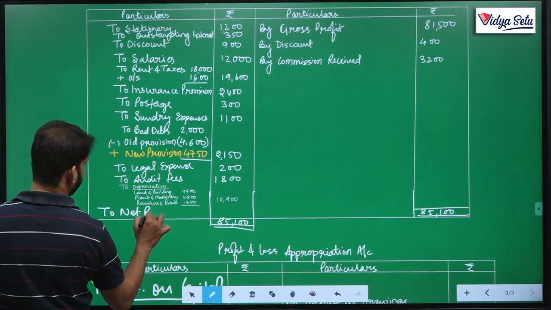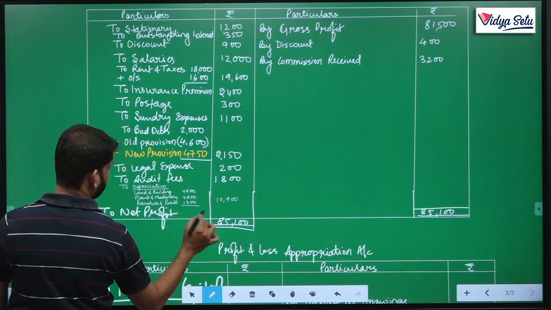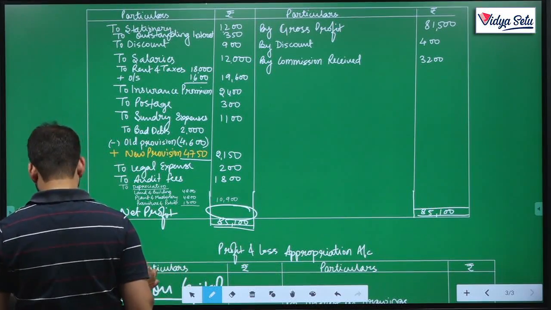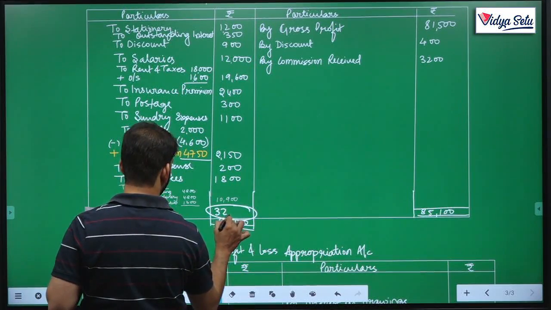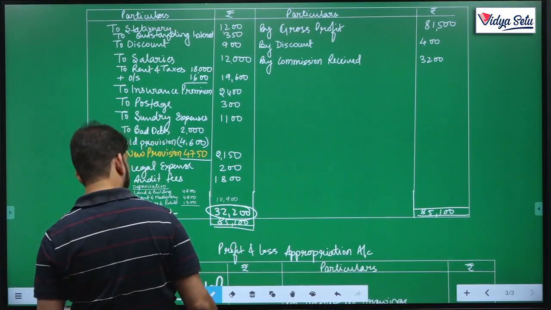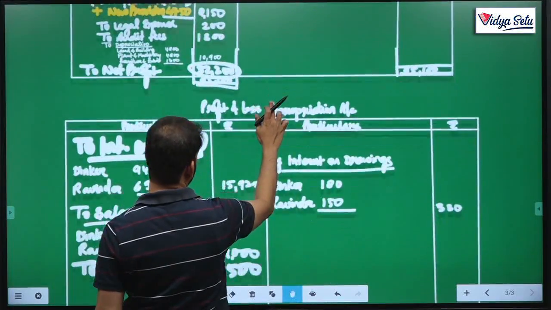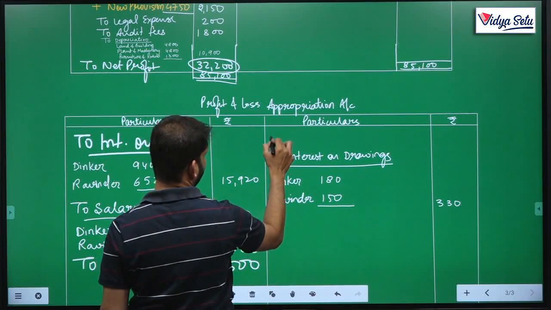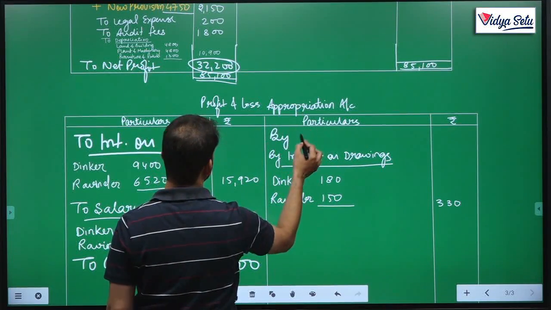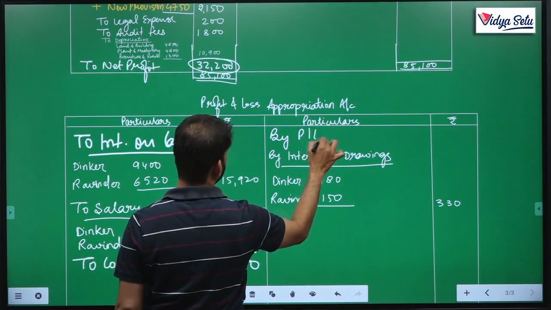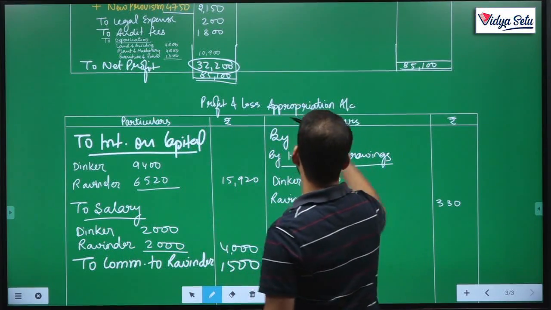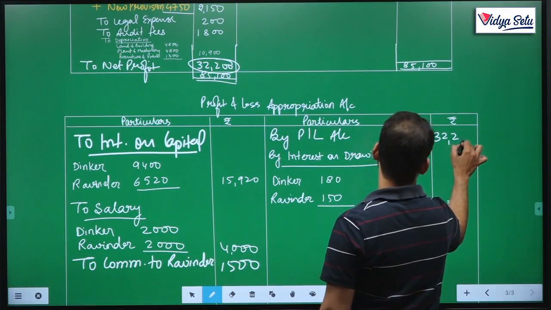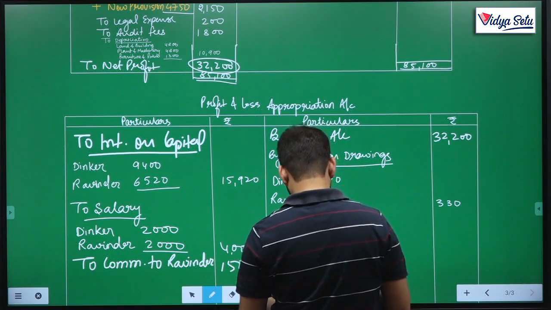So, to net profit, the amount comes to 32,200. The same amount will be brought down to our P&L appropriation, and this was the entire reason why we are solving the entire question. The same amount 32,200.